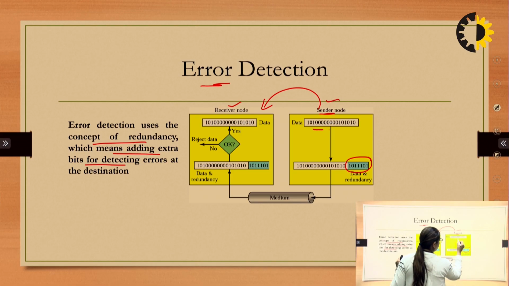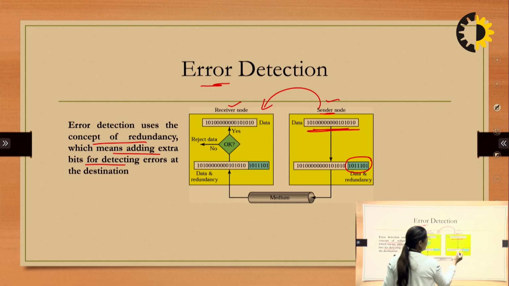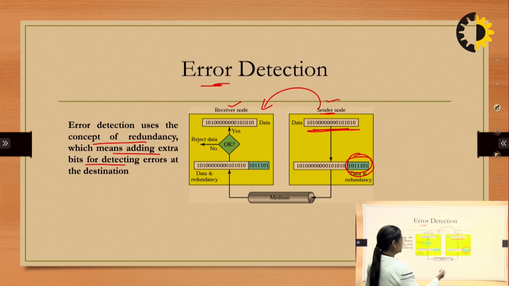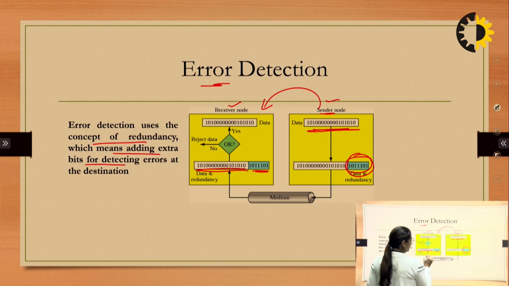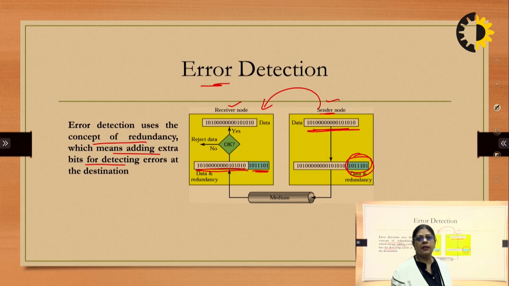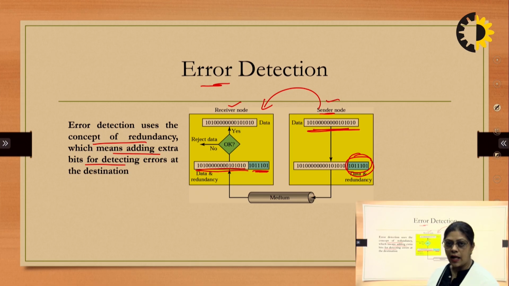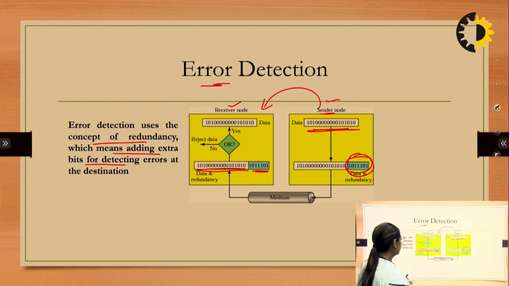This is the data which is to be sent to the receiver, and with this data some redundant bits are added, so that the receiver can use these redundant bits to see whether the data it is receiving is the same as what the sender sent. If there is some discrepancy, that means some data is lost or changed, so the receiver discards the data if it finds errors.